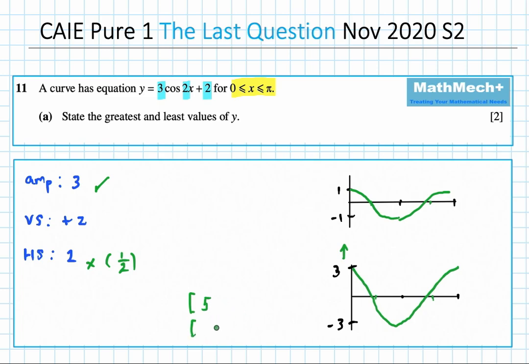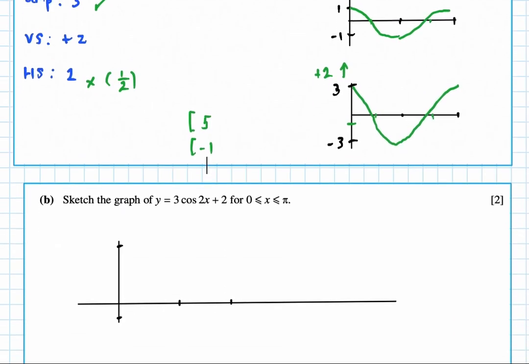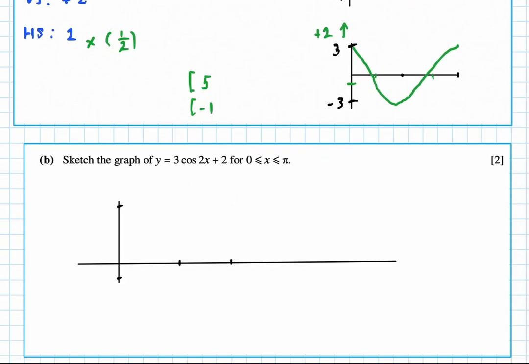So our maximum and min, the greatest and least values of y, go up to, so you'll have 3 plus 2 is 5, and then move up again from the minimum of -3, so you'll get -1. Those are our two parts there for that. Now we're going to complete our picture, in a sense, with this sketch of the same thing, doing it in that order that we did.